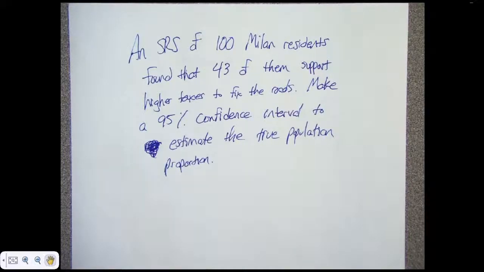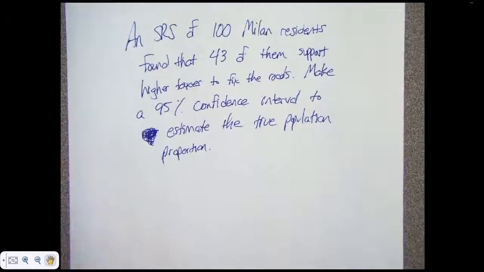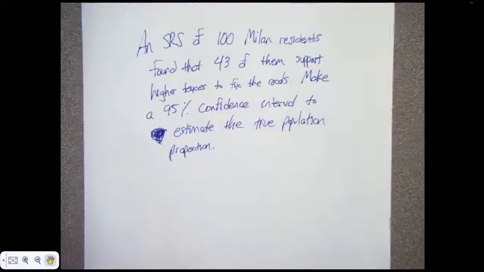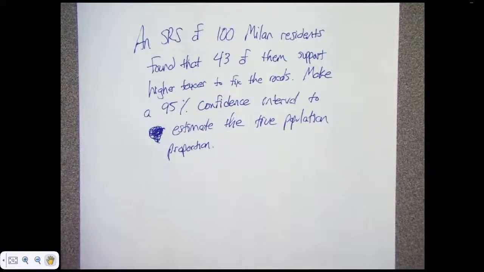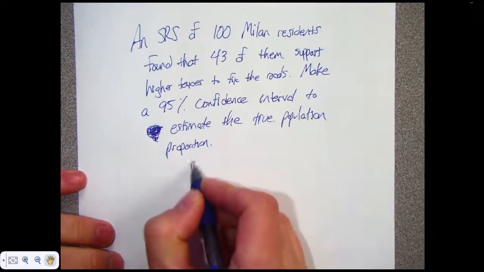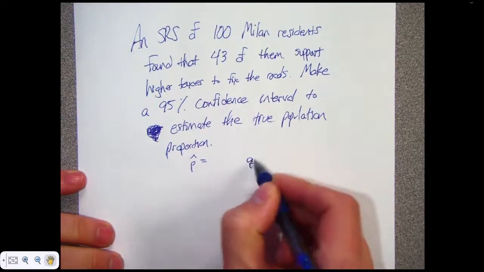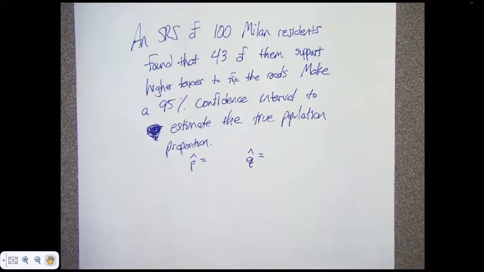Okay. From this question, before I even start doing the problem, I'm going to do a couple things here. I'm going to write down p hat and q hat. So what's p hat in this problem?